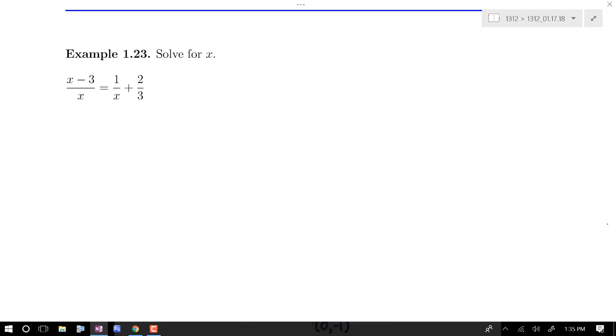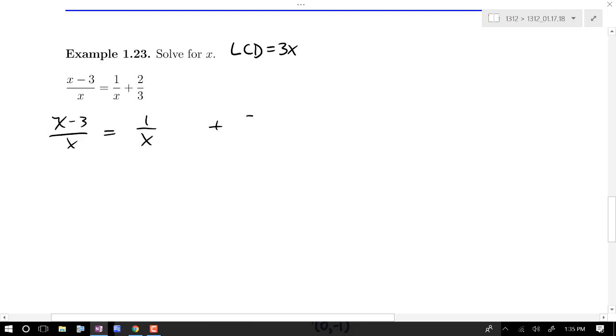Okay. What is our LCD here? 3x. Yeah. So our LCD is 3x, so let's zap everything with a 3x.